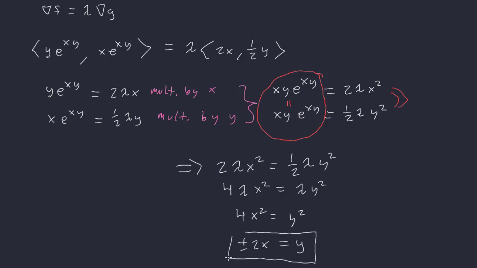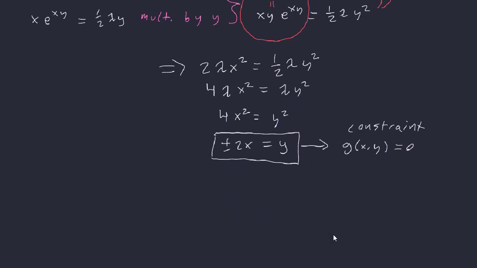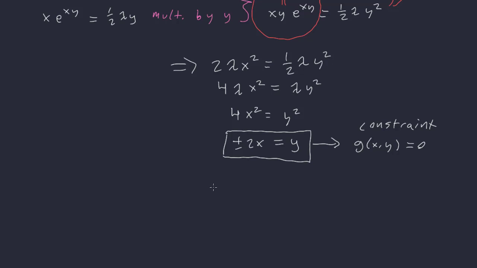So like before, now we're going to plug this into the g of xy equals 0, or just the constraint curve itself. All right, so you just apply this to C. Well, if y is equal to plus or minus 2x, and our constraint curve was x squared plus y squared over 4 is equal to 1, plugging this in, let me show you what I'm doing here.